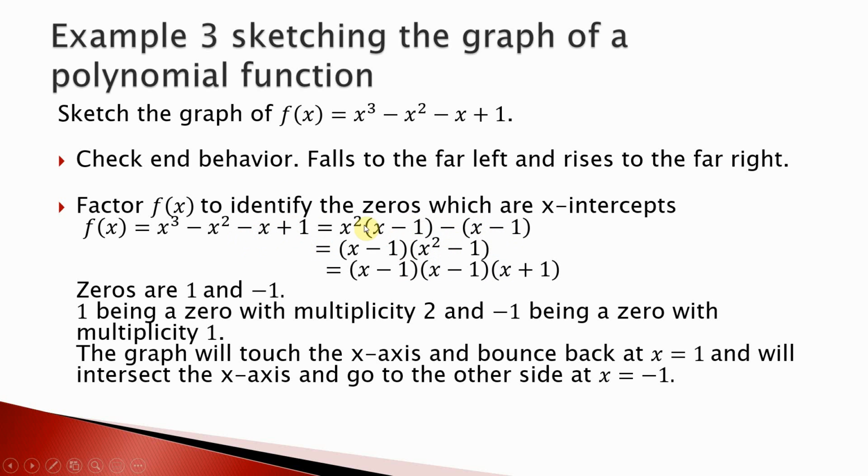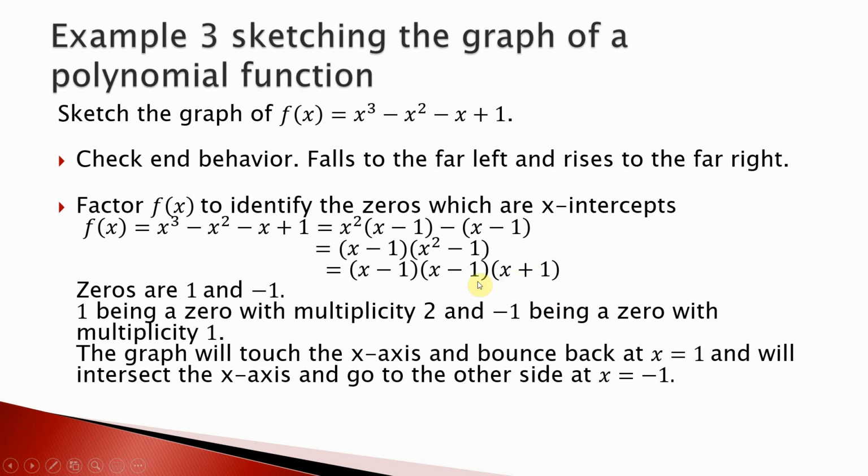Then you take out x minus 1 as a common factor, then you are left with x squared, and when you take out x minus 1 here, you are left with negative 1. But this can be further factorized as x minus 1 times x plus 1. So zeros are 1 and negative 1, and 1 is a zero of multiplicity 2, and negative 1 is a zero of multiplicity 1.